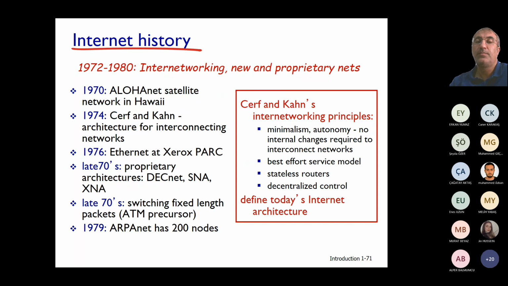Between 1972 and 1980, the Aloha network, a satellite network in Hawaii, was developed. In 1979, remember in 72 they had only 15 nodes, after 7 years it becomes 200 nodes.